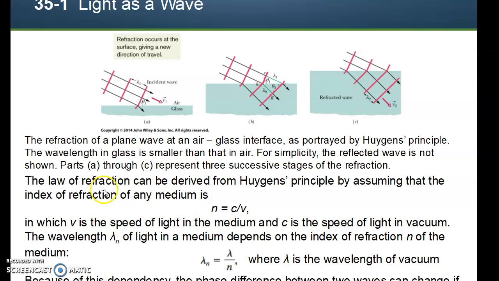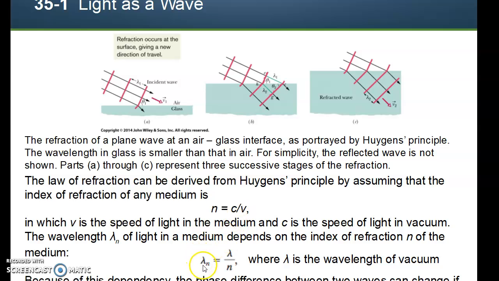So the law of refraction can be derived from Huygens principle by assuming that the index of refraction for any medium is, and this is the wavelength, this is the refractive index, this is the speed of light, and this is the light in the new medium. And the wavelength lambda sub n of light in the medium depends upon the index of refraction n in this equation.